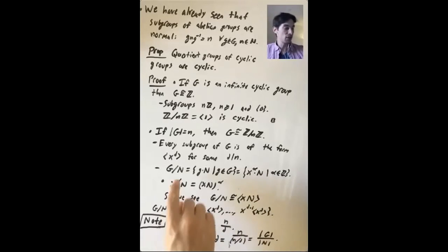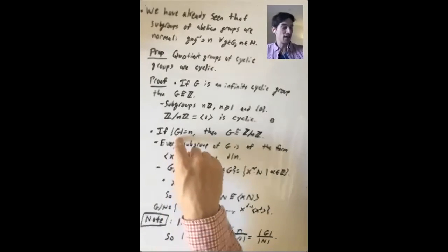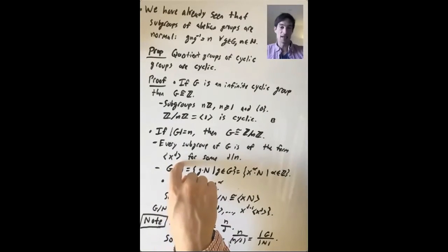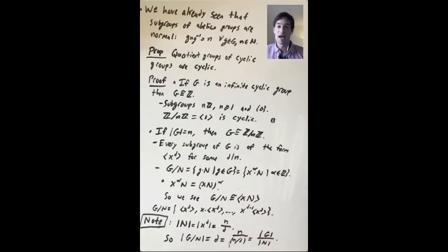So in this particular case, where we have a finite cyclic group of order n, what do these sets of cosets look like? Well, we have N itself, the left coset of N containing x to the 1, up to the left coset of N containing x to the d minus 1. So we have these d distinct left cosets. Let me just say something about the order of the groups here. If N is the subgroup generated by x to the d, what's the order of that?